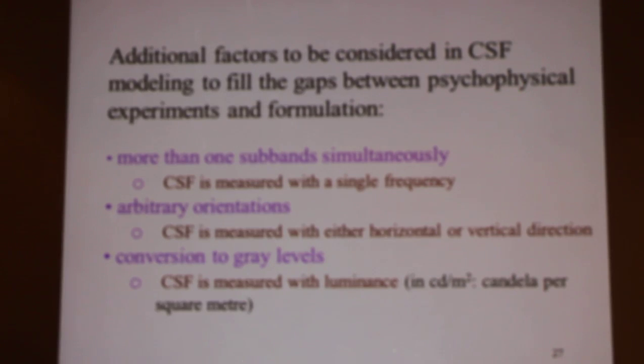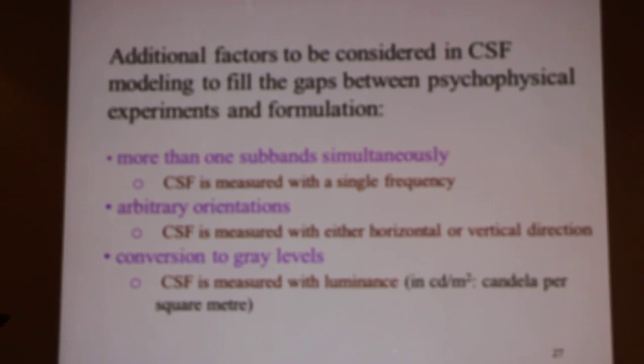After modeling all the factors above, we still have problems, because in perception science, CSF is measured with a single frequency, but in real-world images, we have so many frequencies happening at the same time. So how to integrate them together?